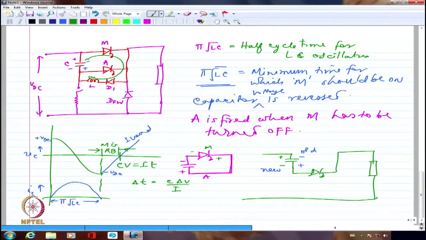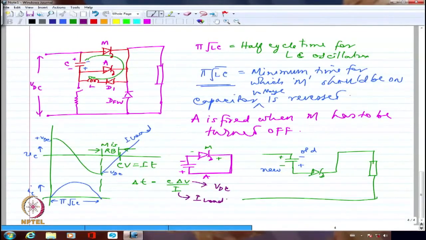That's all. Only until 0 it will be reverse biased. The moment it crosses 0 it will be forward biased again. So I should say this delta V corresponds to VDC. Right? And I corresponds to I load.